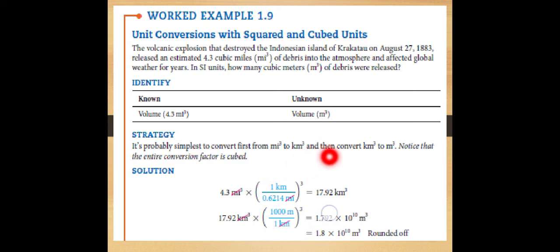When we take the cube, this kilometer becomes kilometer cube, and this kilometer cube cancels with the other kilometer cube, and we get meter cube. This 1000 cubed multiplies with 17.92, and we get the answer 1.792 multiplied by 10 raised to power 10 meter cube. And again we have to look at the significant figures. We have to round off to two significant figures, 1.8 multiplied by 10 raised to power 10 meter cube.